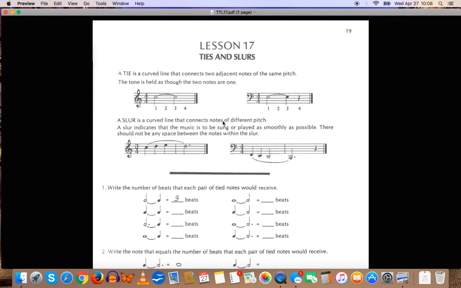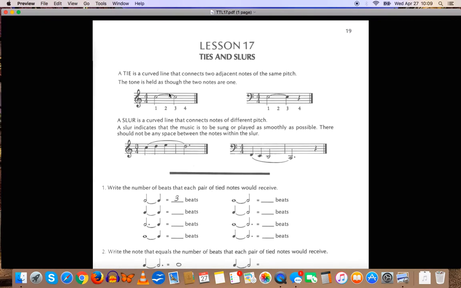The basic difference between a tie and a slur is the notes, okay? The actual symbol looks the same, but you need to take a look at the notes that it affects. For example, this is a slur right here, and this is a tie.